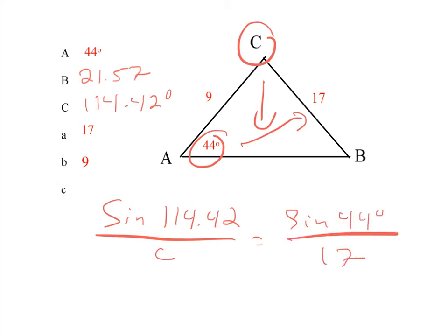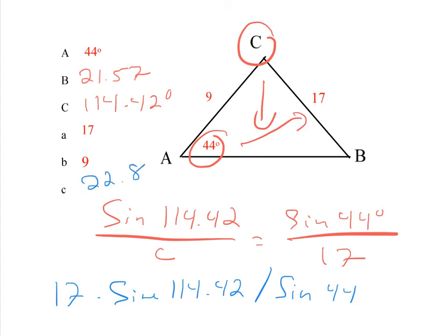Go ahead and cross multiply right now. You should do 17 times sine 114.42 divided by sine of 44. Go ahead and do that, and you find that c is equal to 22.8.